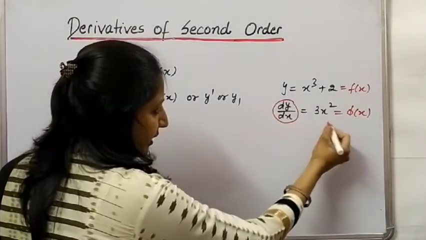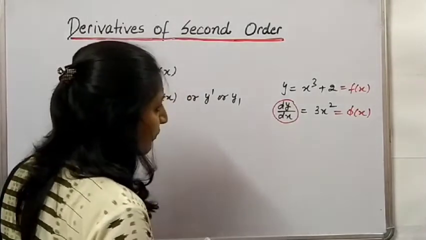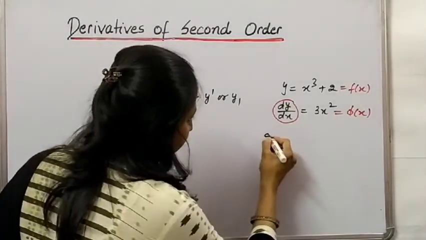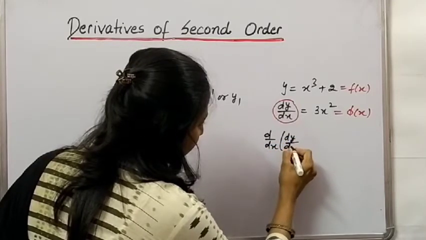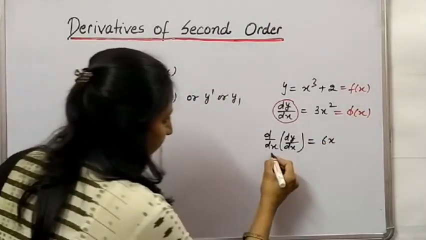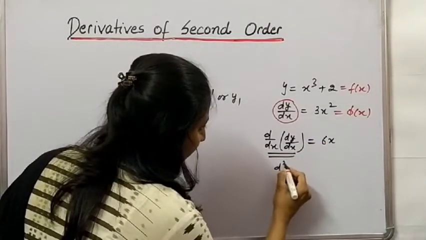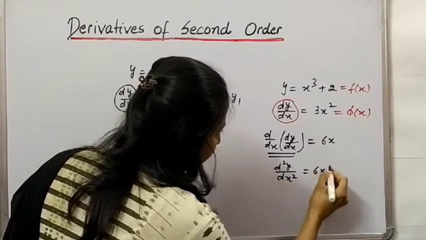Again we can differentiate it both sides with respect to x, right? And after differentiating, we will get the derivative of dy by dx with respect to x. It will be 6x, right? So we can write it as d2y upon dx square is equal to 6x.